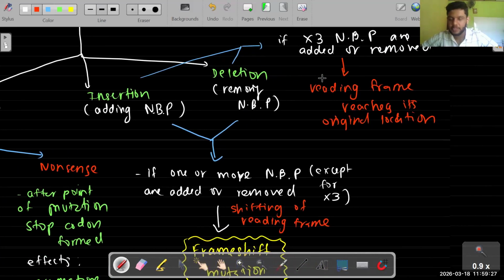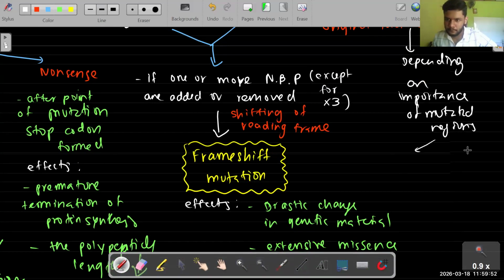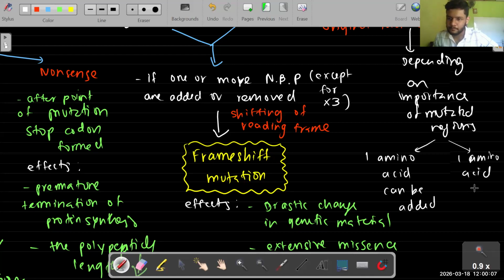Reading frame will be reaching its original position, and depending on importance of mutated regions, one amino acid can be added or one amino acid will be removed.